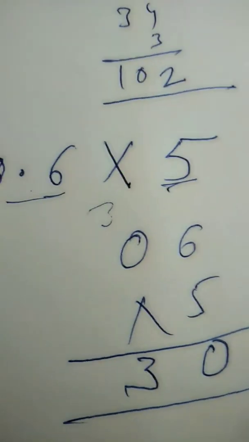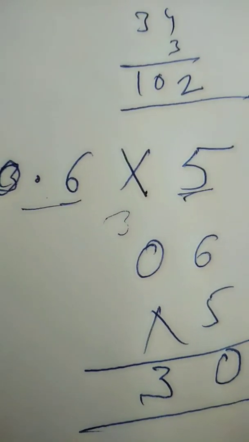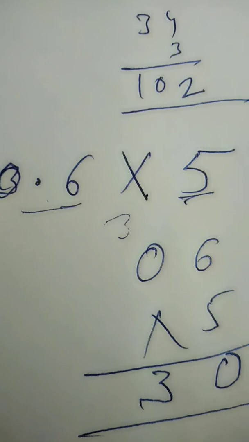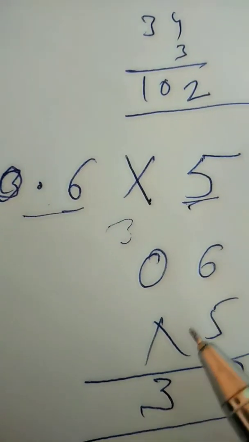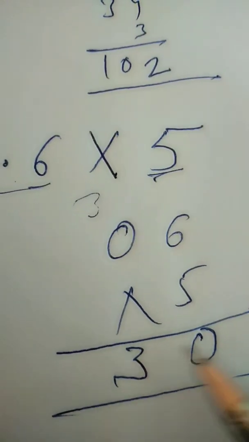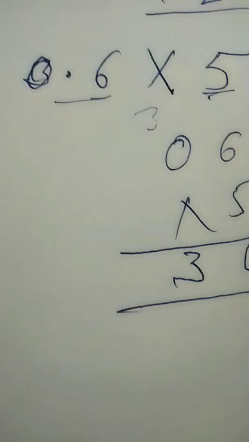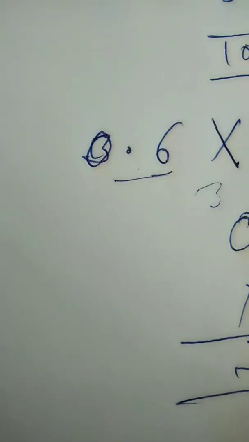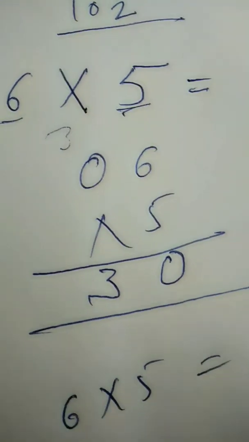So when we ignore the decimal and multiply the number without a decimal, the answer is 30, right?